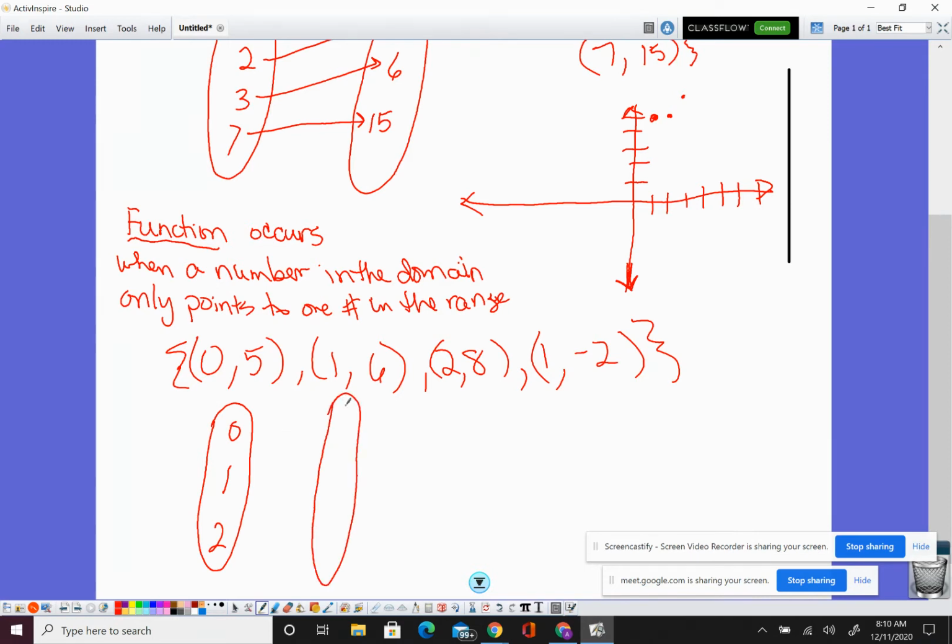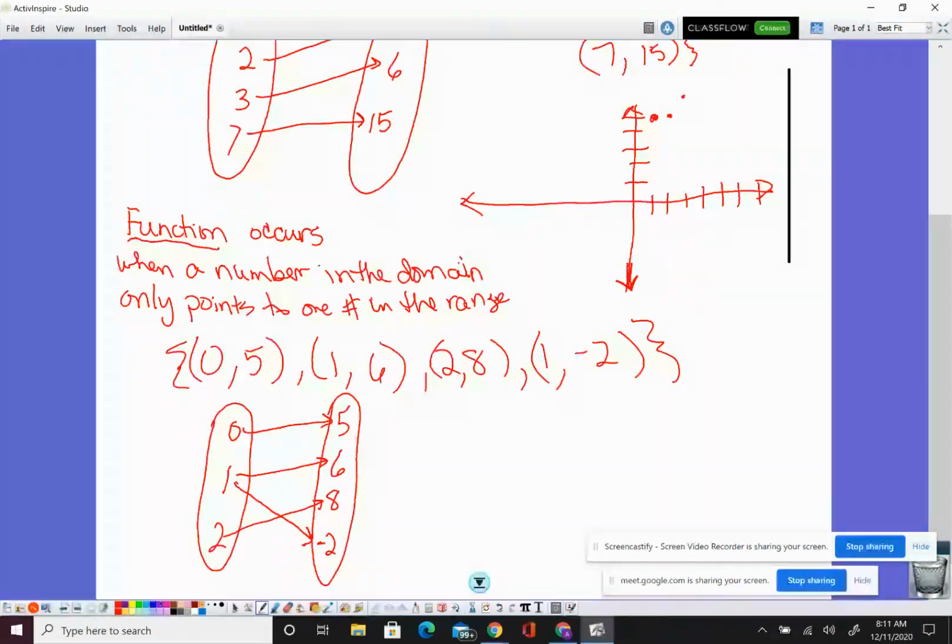In my range, I have a 5, a 6, an 8, and a -2. So when I go from 0 to 5, there's one arrow, 1 to 6, there's one arrow, 2 to 8, one arrow, but then I have to come back up here and map another 1 with a -2.